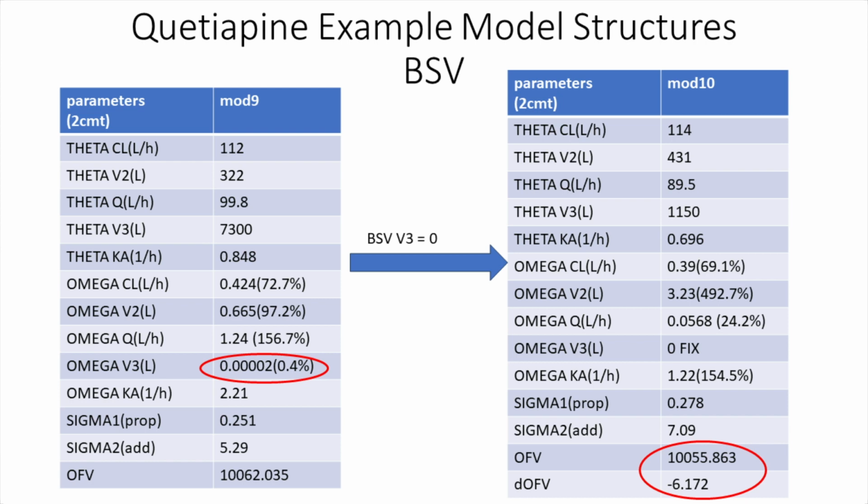So if we remove this parameter, fixing it to 0 in the right-hand side table here, we see that the objective function value actually got better. So the estimation was more stable. And the other parameters are all reasonable as well. And you'll see that this V3 value starts to get a little bit lower and closer to what was reported in the literature.